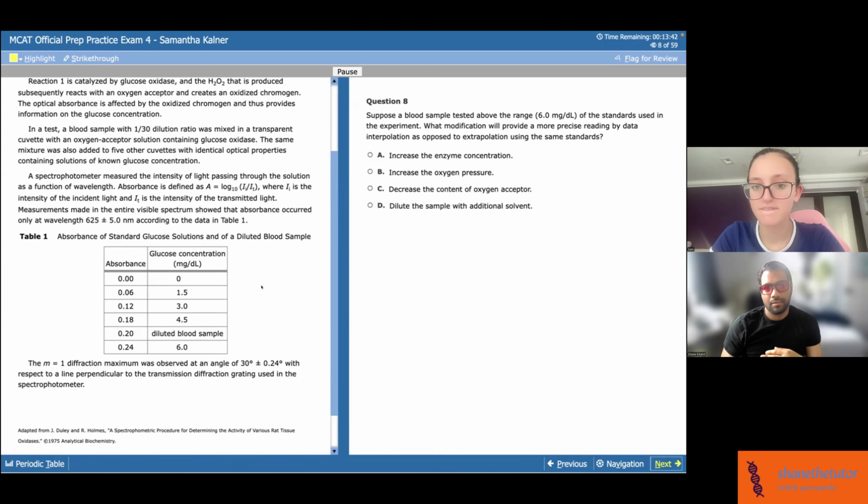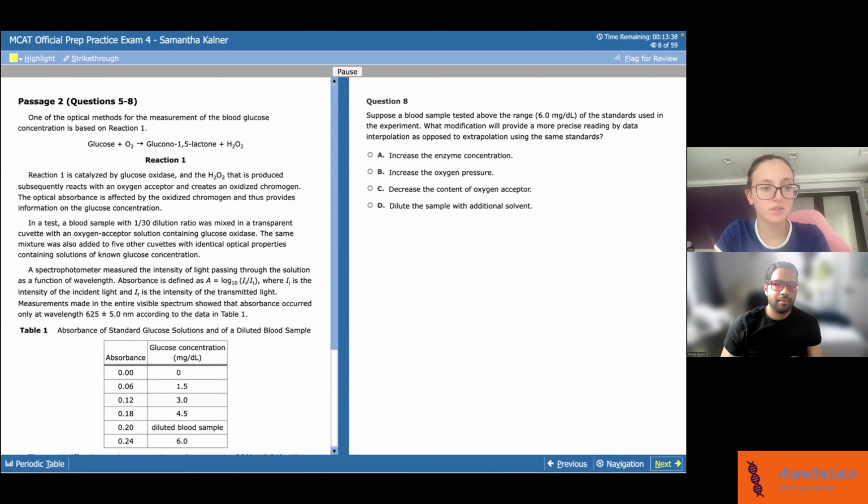Oxygen acceptor, because... it's not what's happening. Oxidized reacts with an oxygen acceptor and creates an oxidized chromogen. Absorbance is affected by the chromogen and then provides information on the glucose concentration. Okay.